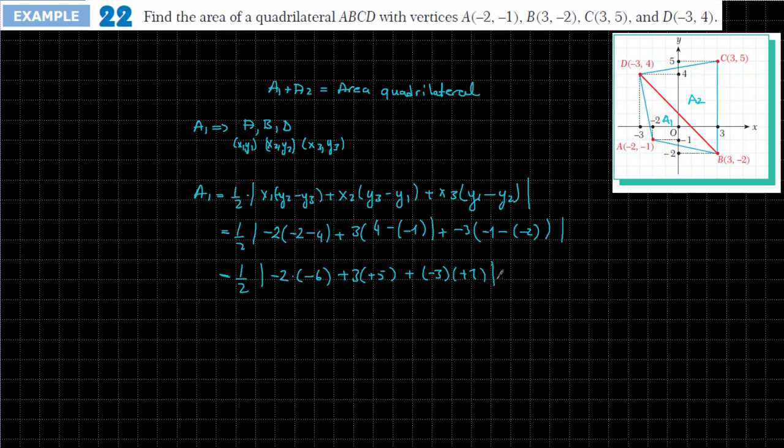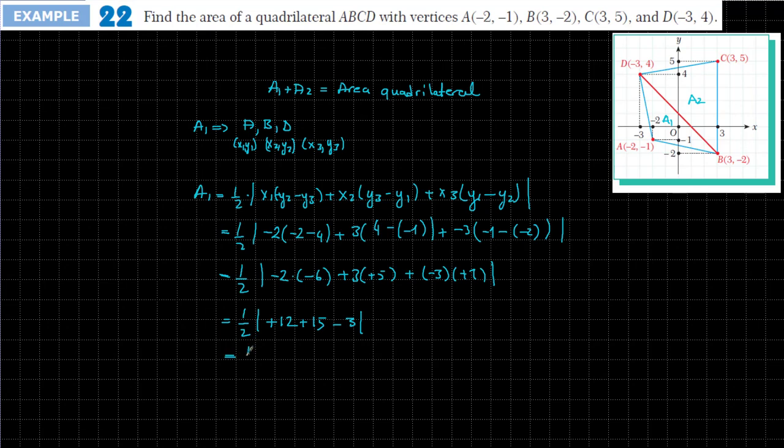It should be in absolute value. We are closing it. Then it's going to be equal to 1 over 2 times minus 2 times minus 6, it's going to be equal to plus 12. 3 times 5, it is plus 15. And minus 3 times 1, it's equal to minus 3, it has to be.